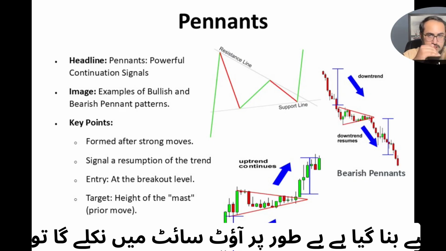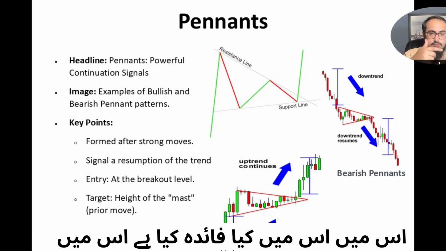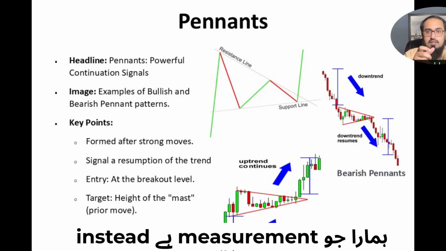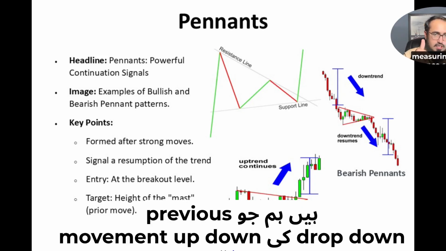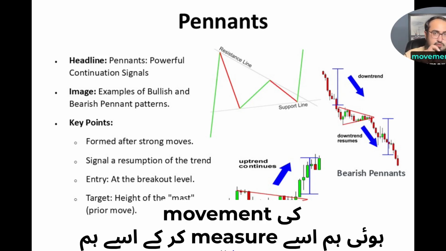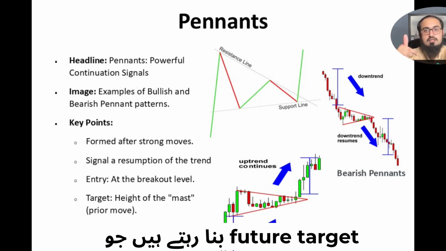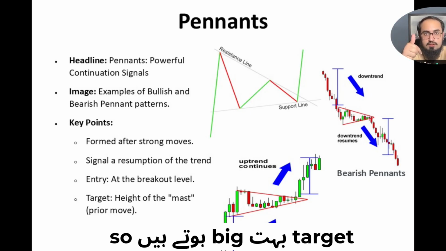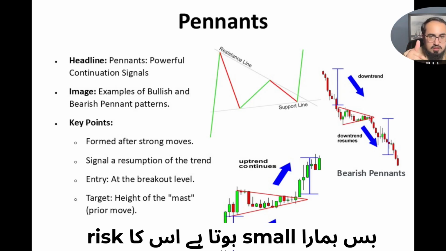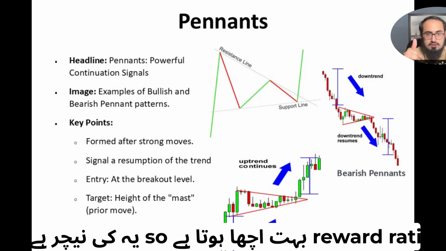If it breaks outside, then in this, what is the difference? In this, we measure the movement of the previous downtrend or uptrend, and we make it our future target. This pattern has very big profit targets, so our stop loss is just small. Its risk ratio is very good.